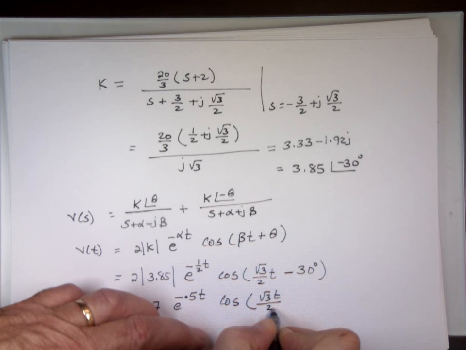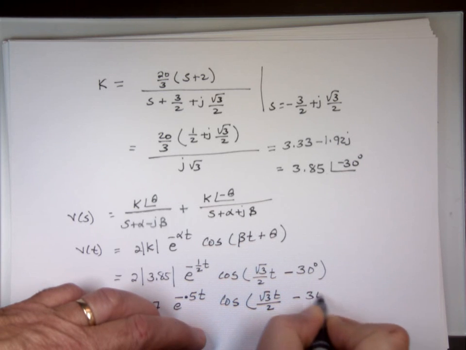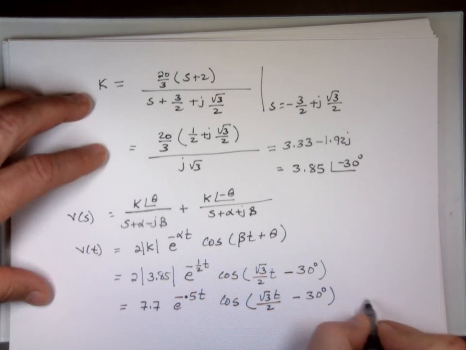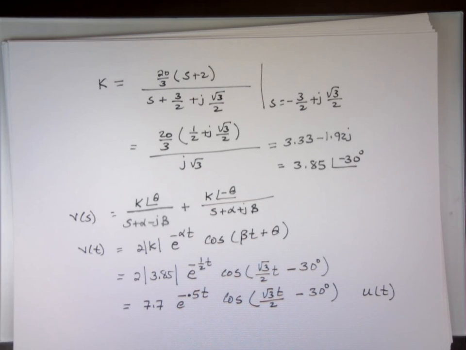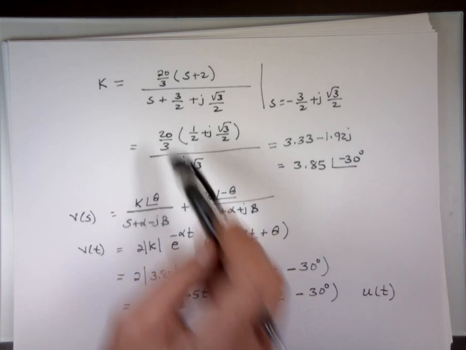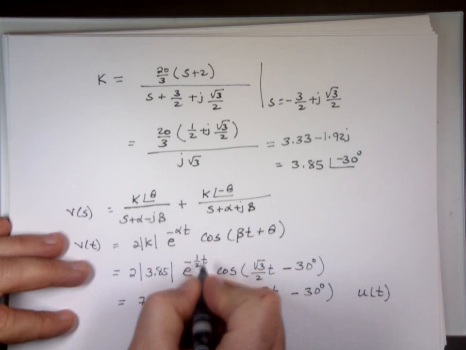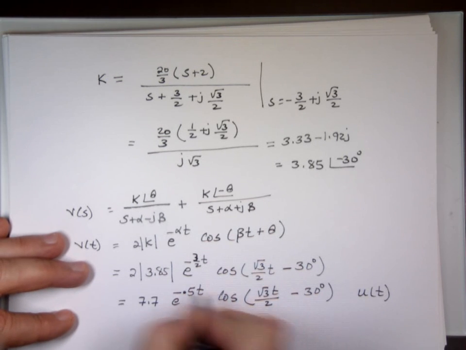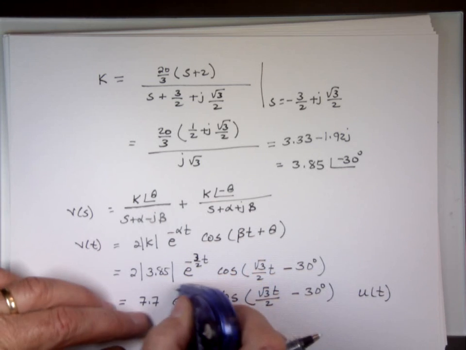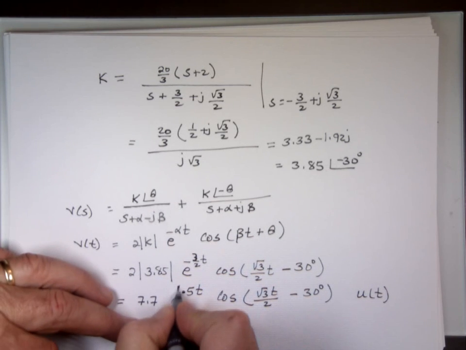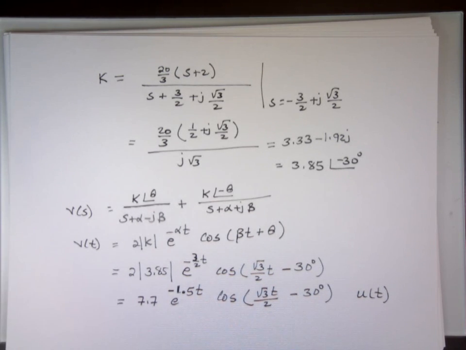And that's u of t because that's only good for t greater than 0. Wait, where's that 1/2 coming from? Alpha. Is that 3/2? 3/2. 1.5, 3/2, thank you. I got excited there. E to the minus 1.5t cosine. That's alpha and this is beta.